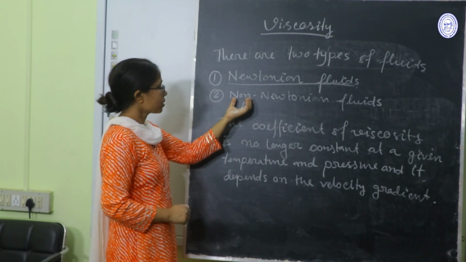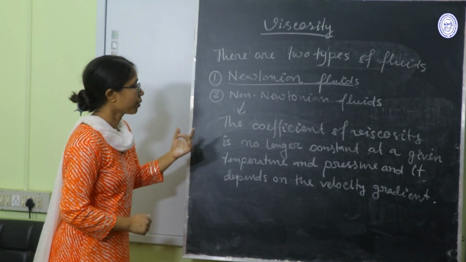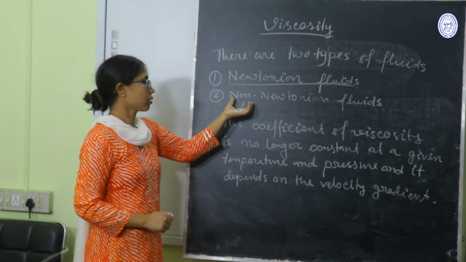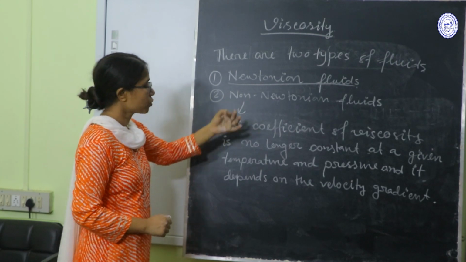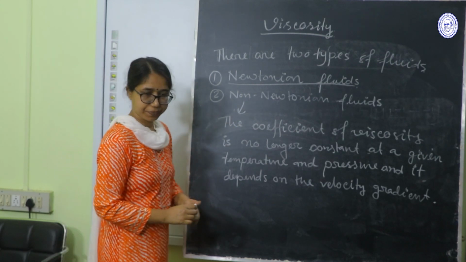Examples of this type of fluids are non-homogeneous fluids like blood, glues, etc.